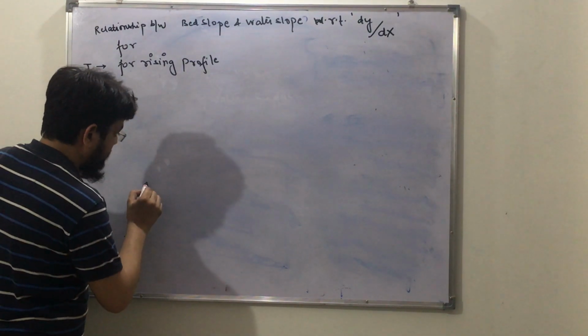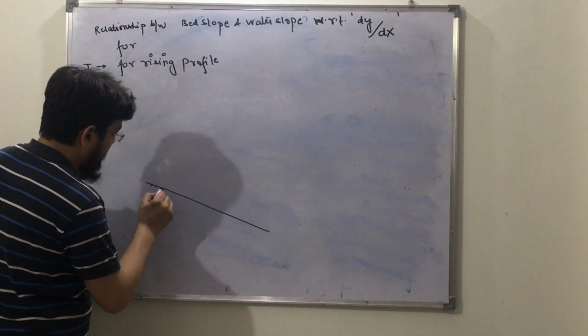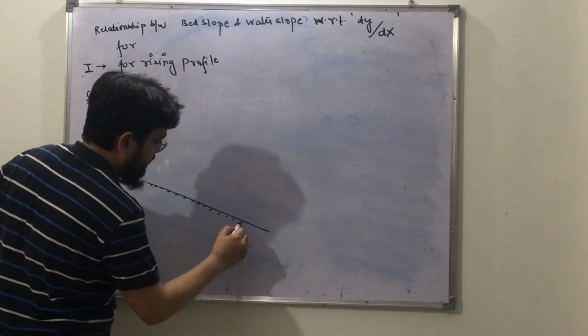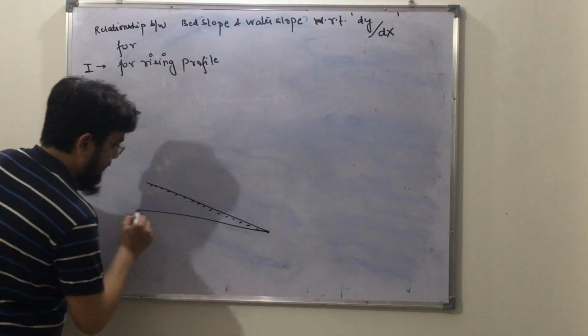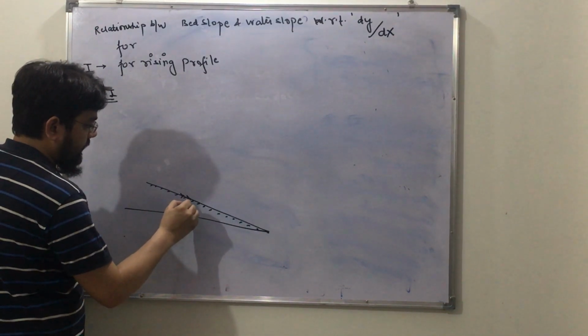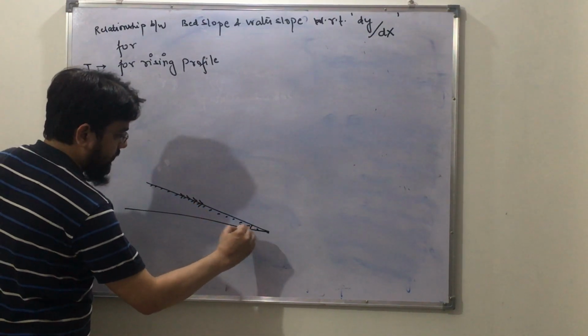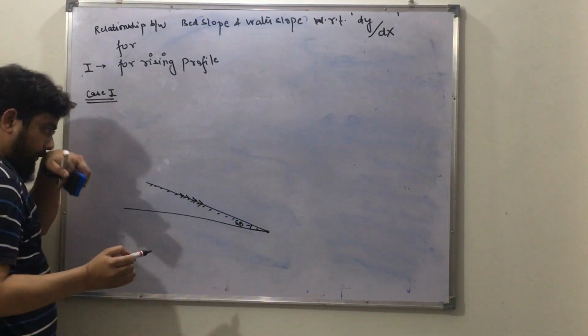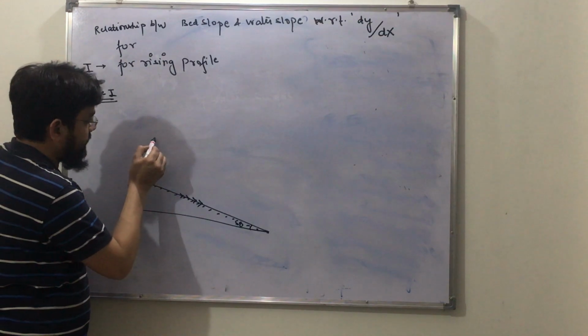See, this is bed slope. We draw bed slope S0. We draw another line parallel to this bed slope.